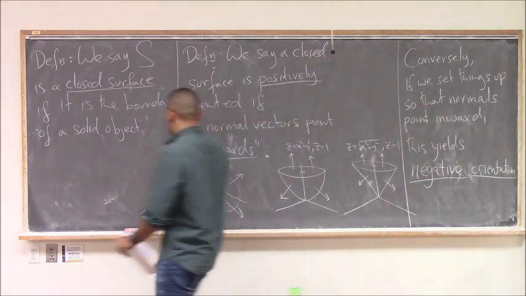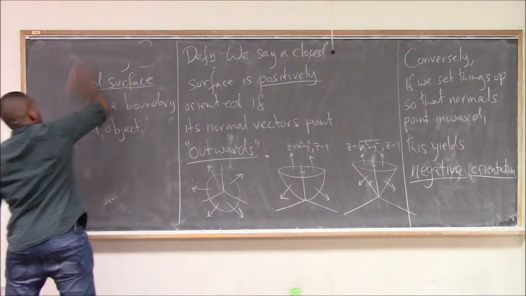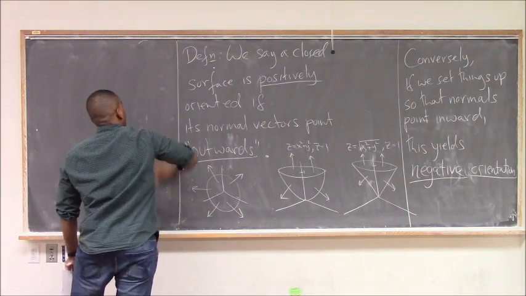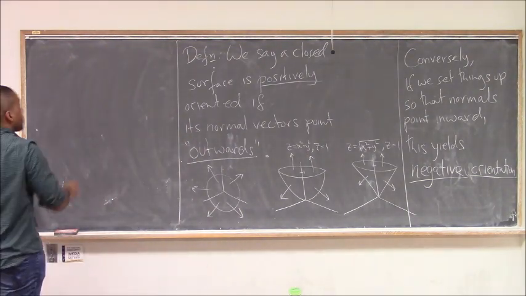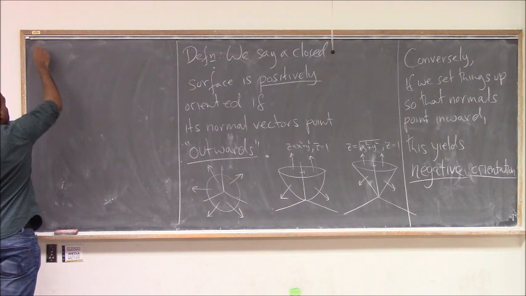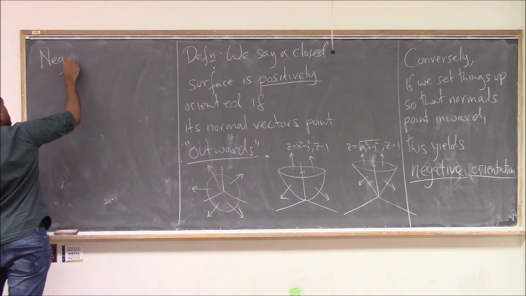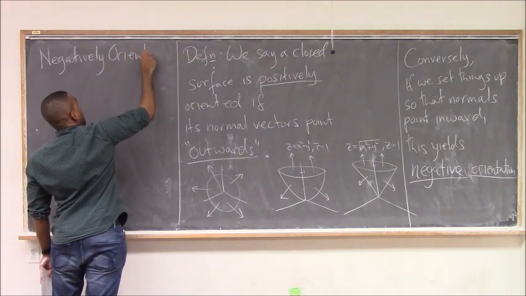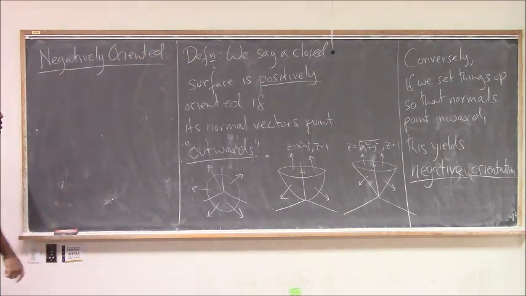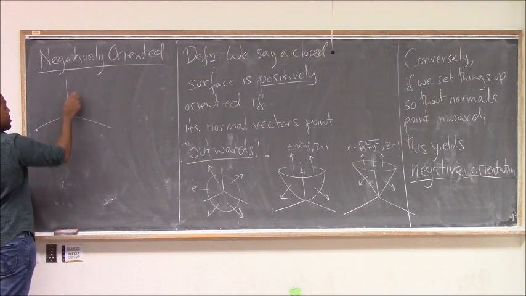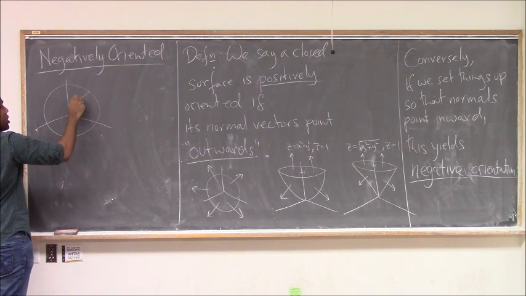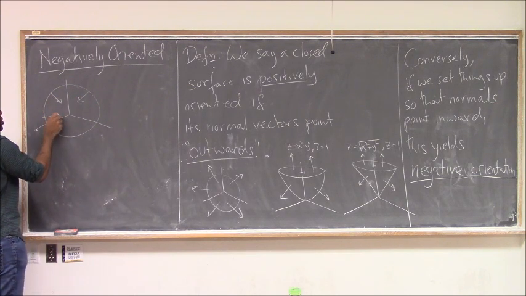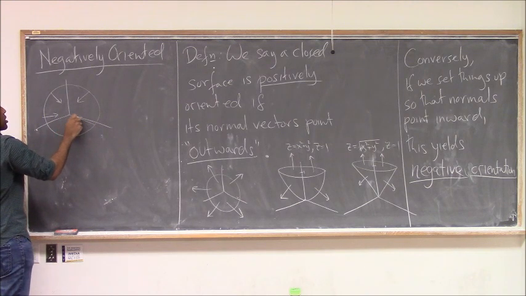So we can do these three examples again, just negatively oriented. So I can have a sphere that's negatively oriented. Literally all normal vectors would point inwards towards the center of the sphere.